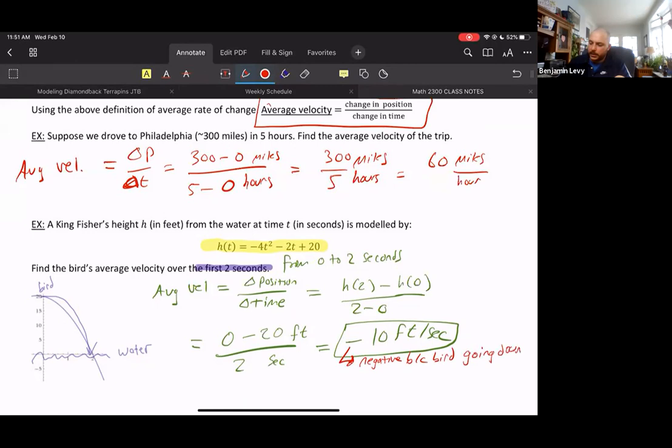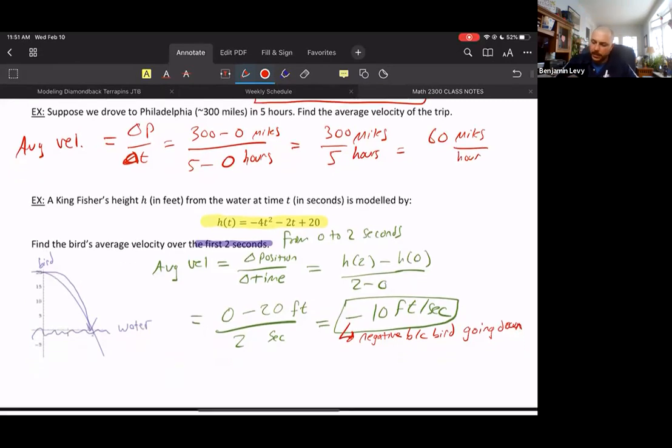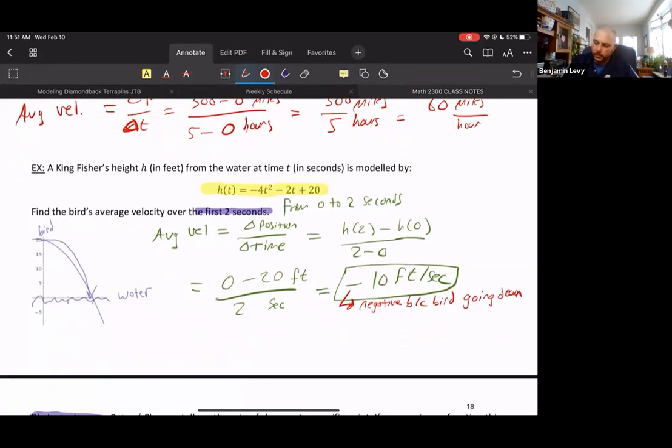So with velocity, there's usually a direction involved. And negative just means it's going from somewhere high to somewhere low. If it was going from the water back up into the tree or something, it would be a positive value. So I'm just going to add that little note at the bottom. Velocity.